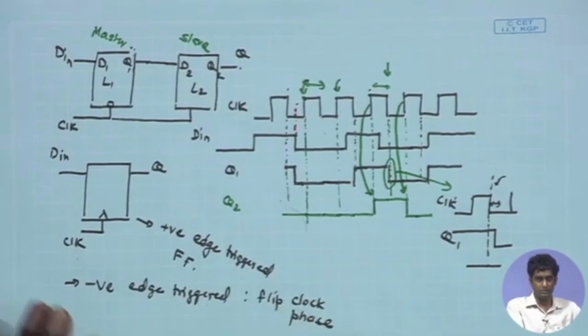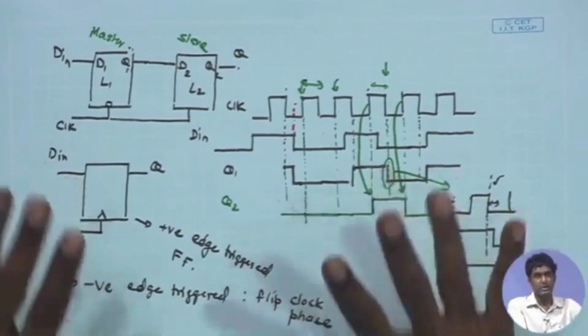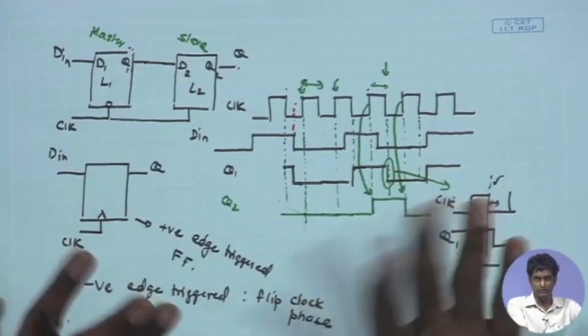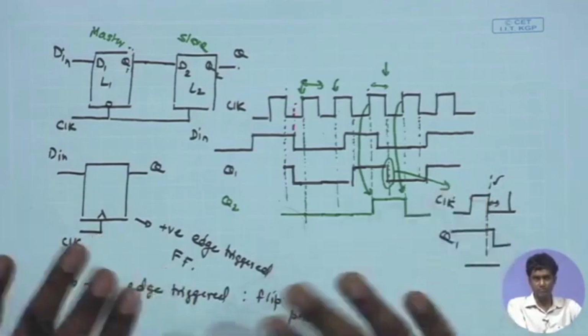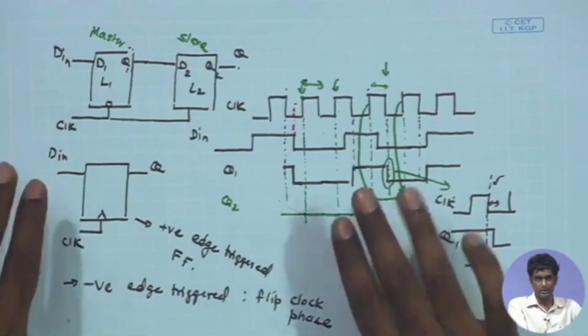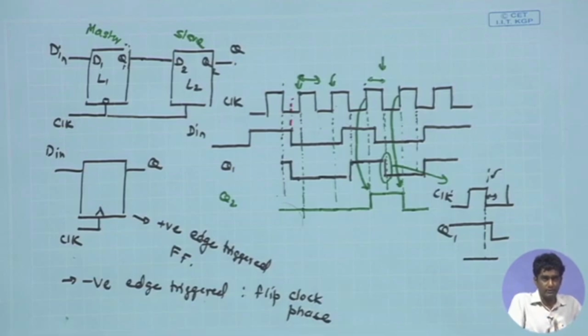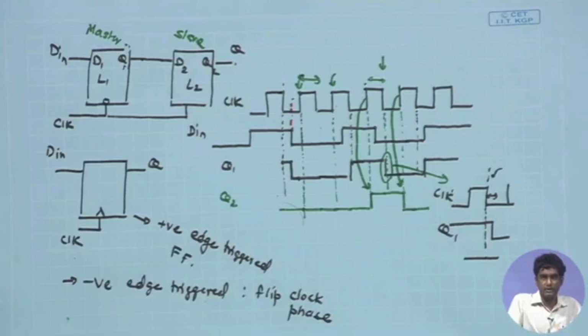So, this is the overall concept of latches and how we construct edge sensitive flip flops with the help of latches operating with opposite clock phases, master and slave. With the help of this we are going to see how to construct the counter, and from there we will look into the control signals that we are going to generate with the help of that counter, and finally we will go into the transistor level implementation of these latches and flip flops and see what the important timing constraints are that we need to address.